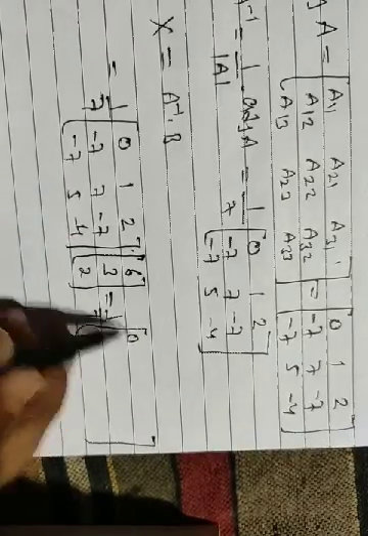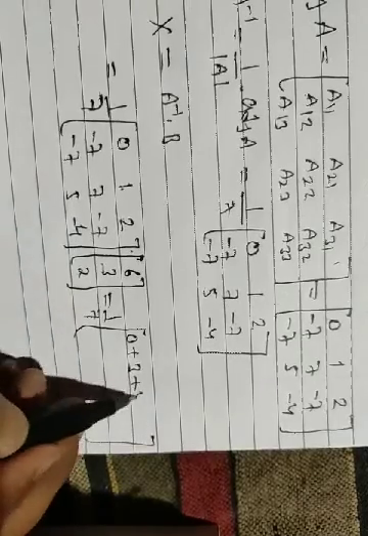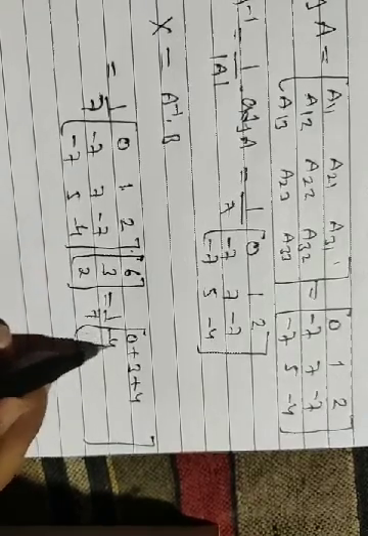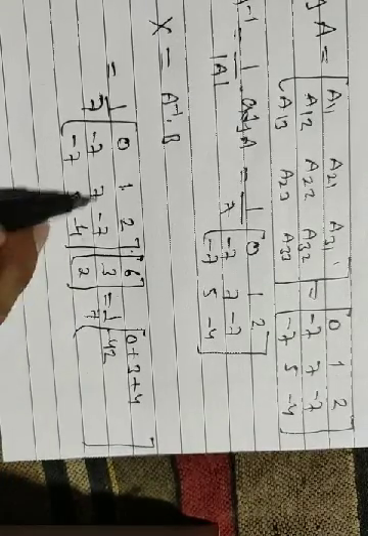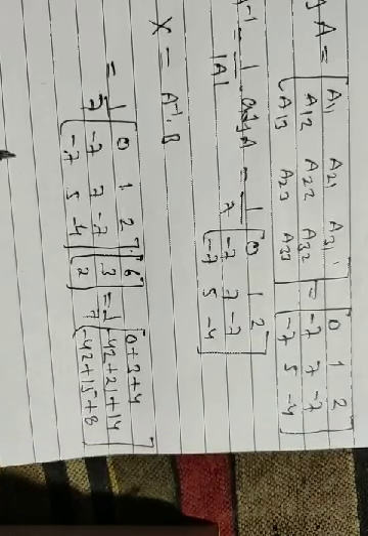0 into 6, 0, 1 into 3, plus 2 into 2, 4. Now this is row into column. What do we have? Minus 42 plus 21 and minus 72 plus 14, then minus 7 into 6 minus 42, 5 into 3 plus 15, then minus 4 into 2 plus 8.